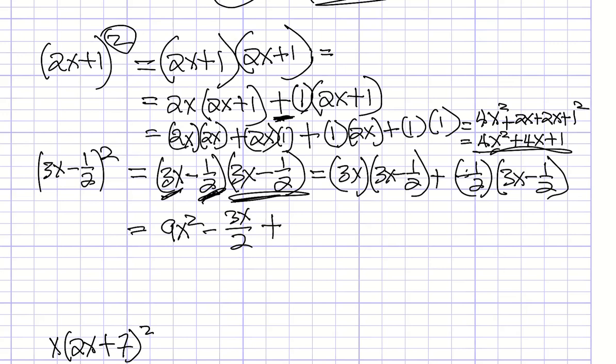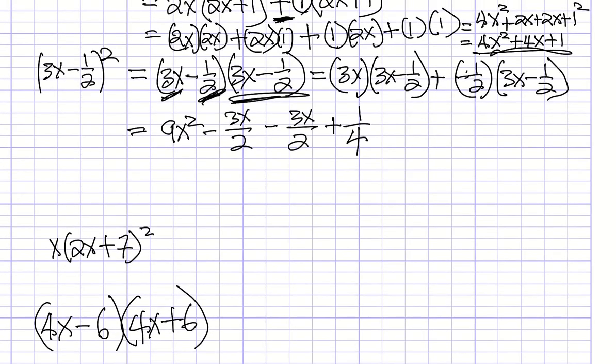You just put the positive sign, and then if you actually multiply things out, negative half times that, you're going to get negative 3x over 2. And then when you do negative times negative, you get plus 1 over 4.